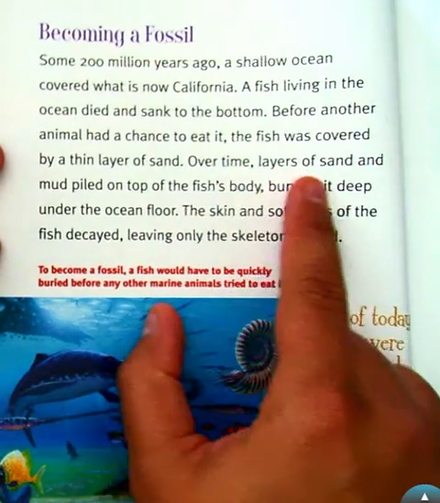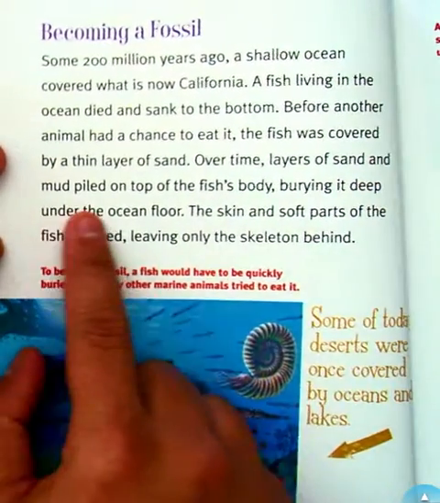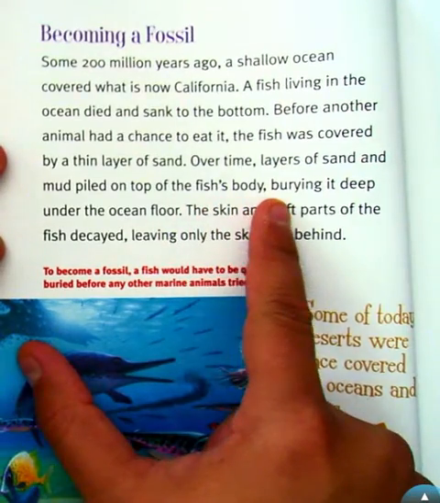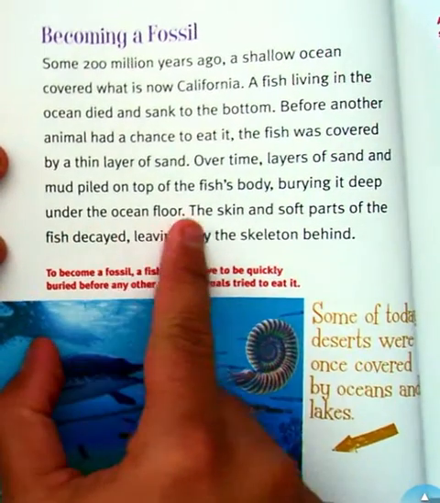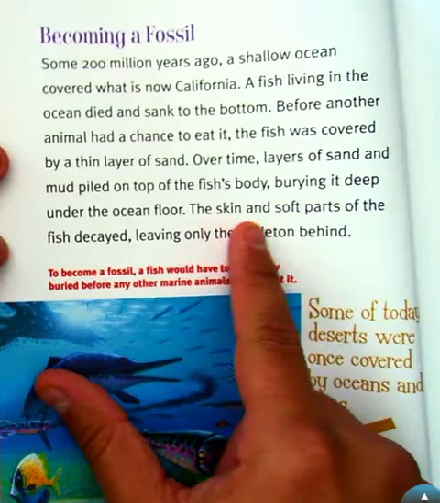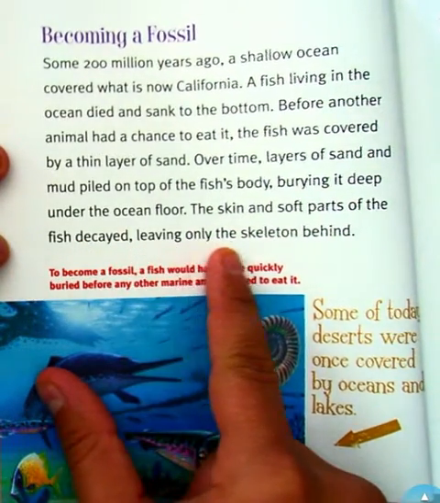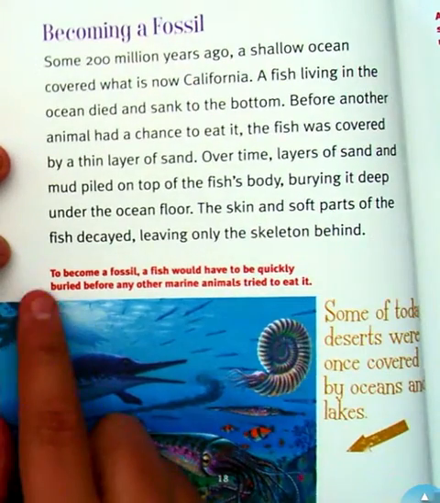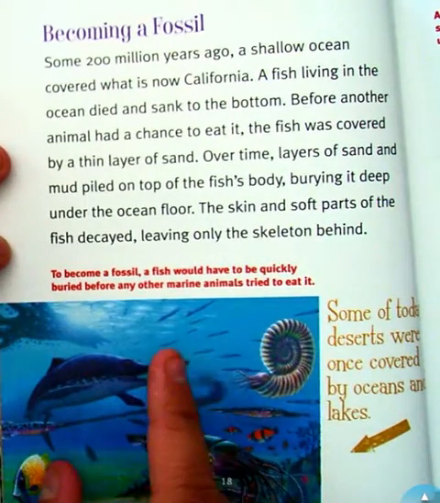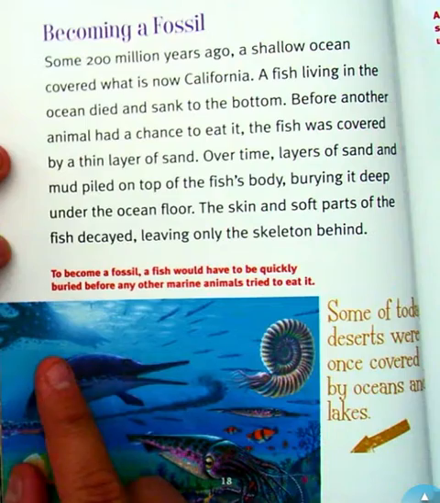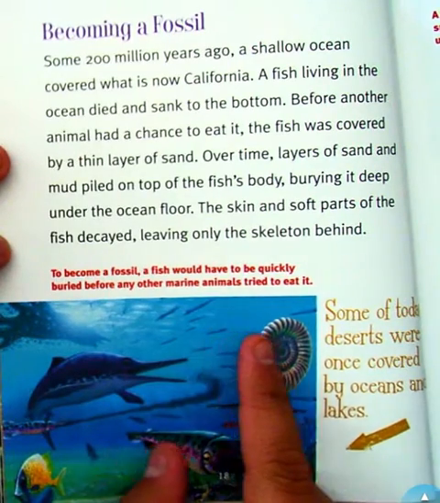Over time, layers of sand and mud piled on top of the fish's body, burying it deep under the ocean floor. The skin and soft parts of the fish decayed, leaving only the skeleton behind. To become a fossil, a fish would have to be quickly buried before any other marine animals tried to eat it.